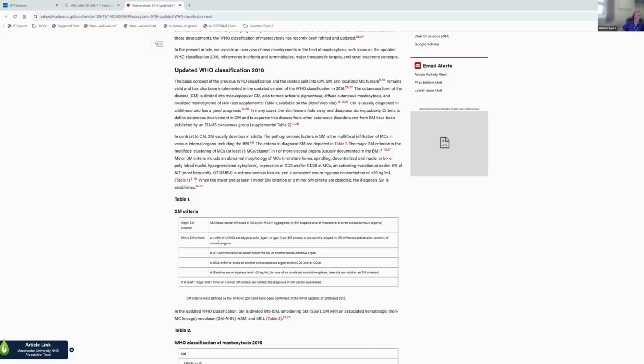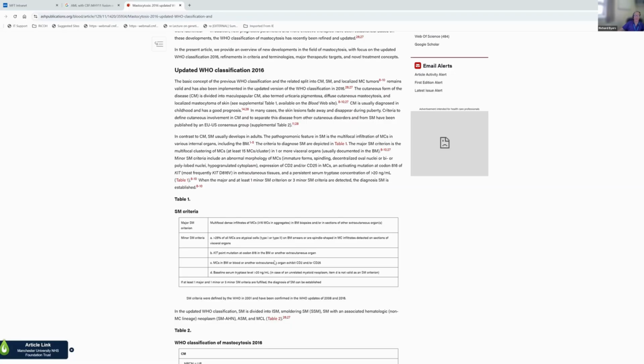So I think we've got more than 25% are atypical spindle cells. But otherwise, none of these other, and also they did exhibit CD2 positivity. So we've got 2 of the minor criteria fulfilled, A and C. But we looked at the genetics, there was no KIT point mutation, and the serum tryptase was less than 20 nanograms per milliliter.